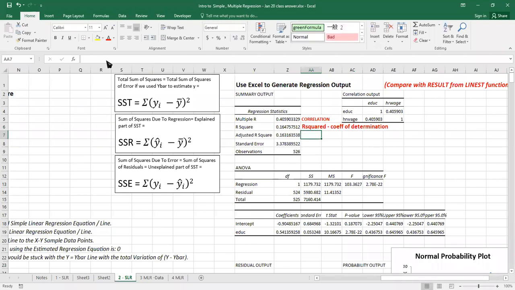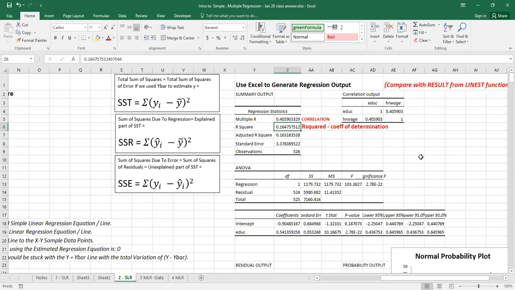Coefficient of determination, guys. So what does that mean? 16.48% of the variability of your dependent variable, hourly wage, can be explained by the independent variable education. So education can explain 16.48% of the variability of your hourly wage. Okay, guys, clear?